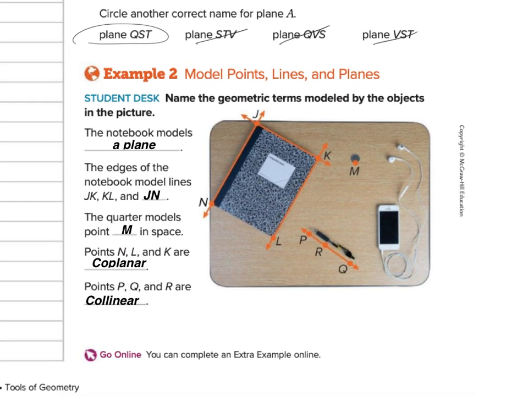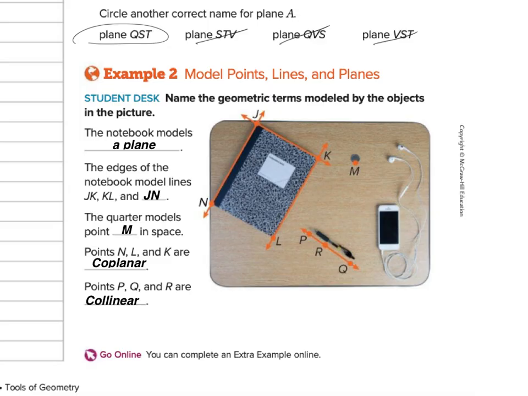So example number 2, modeling planes. So just understand that when we model things, we are assigning some form of geometric term to real life objects. So much like back in algebra we may have identified a parabola as sort of like a bridge, different things like that.